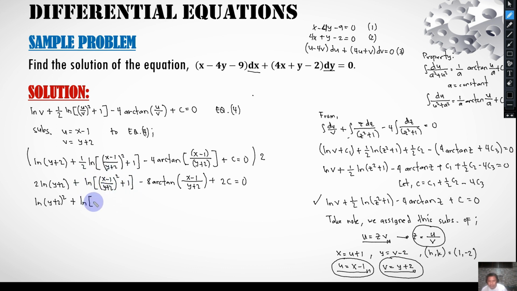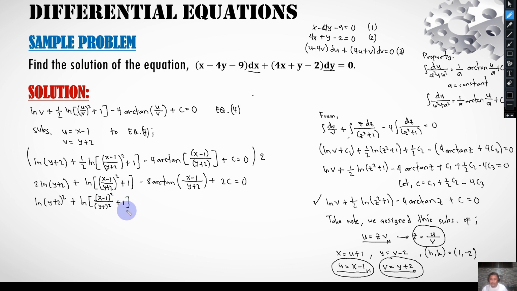So pwede siyang x minus 1, no? X minus 1. Distribute natin siya sa kada term, no? Saka yung sa baba is y plus 2 squared, no? Plus this is 1, okay?